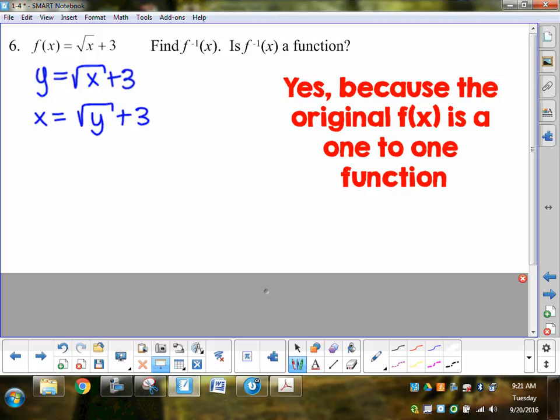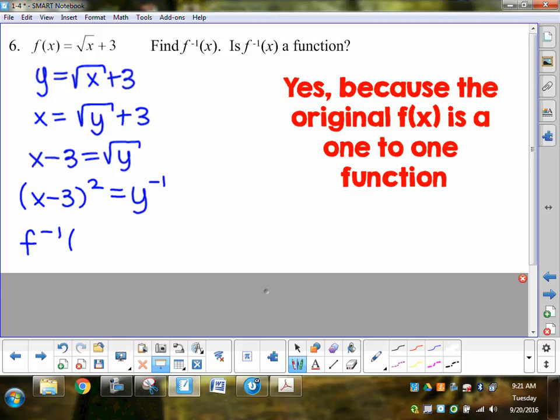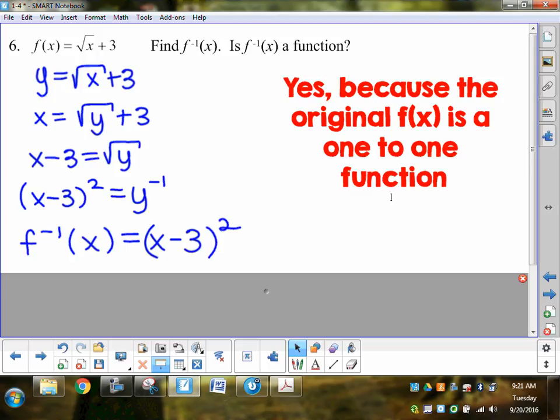What would you do next? And then? Here's the problem. What did we get when we took our inverse? We got a quadratic.